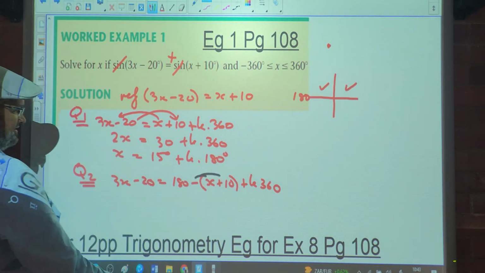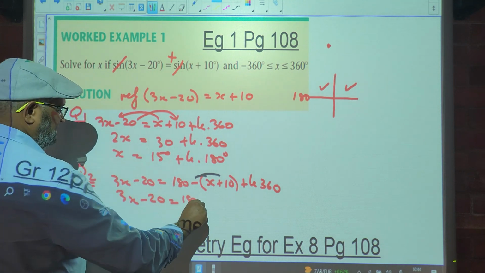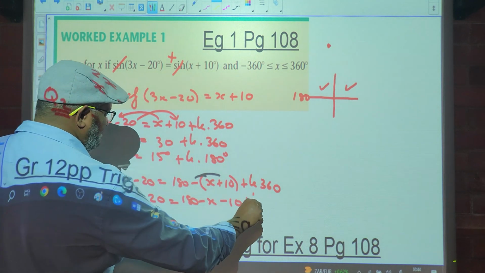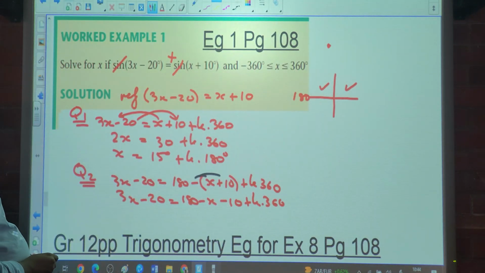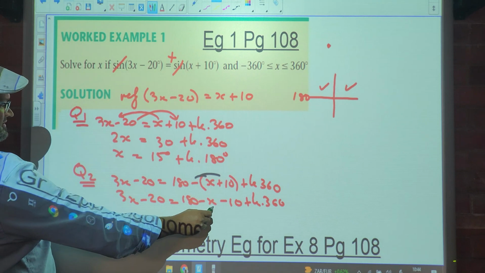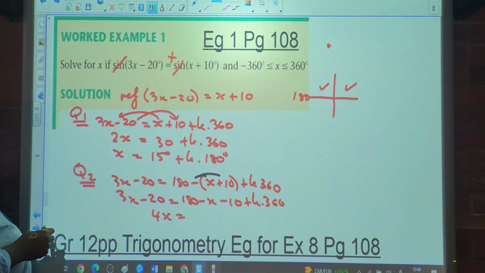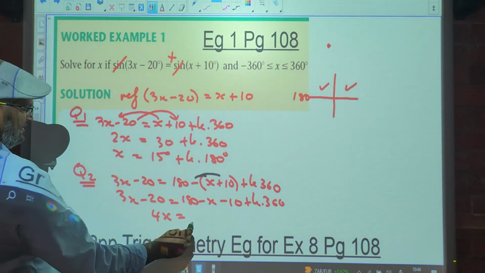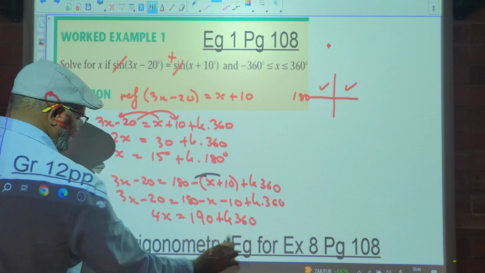We did the bracket there. We get 3x minus 20 is equal to 180 minus x minus 10 plus k times 360. So what is 3x plus x? 4x equal to 180 minus 10 is 170, plus 20 is 190, plus k times 360.